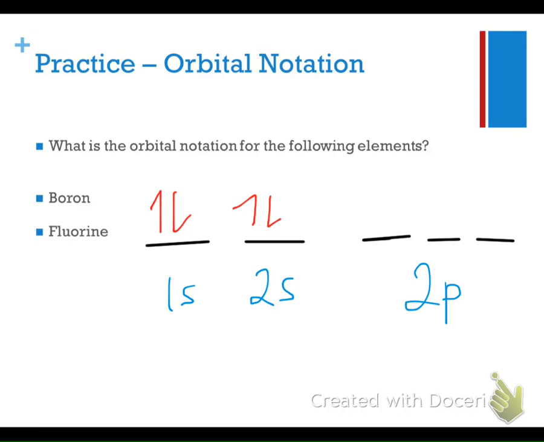So what we do is we fill 1, 2, 3, then we go back and we fill 4, 5. Okay, do we see how we're filling these in? They have to be lowest energy first, so we complete the 1s, we complete the 2s, then we move through 2p one at a time.